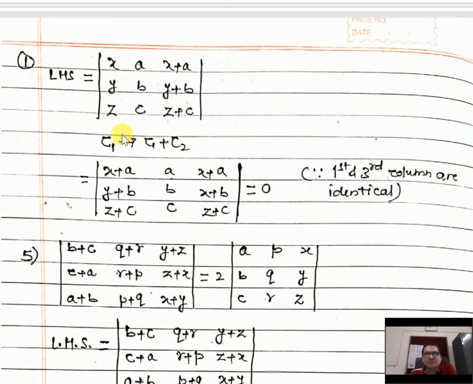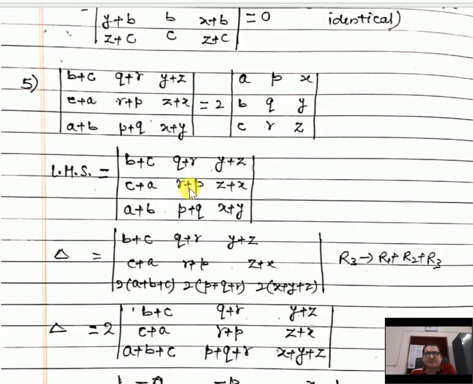So C1 and C3 will be the same, right? Two columns are identical, so the value of the determinant will be 0. See, C1 changes to C1 plus C2. We got x plus a, y plus b, z plus c. This is C1, this is C3. Both are identical, so the value of the determinant will be 0.